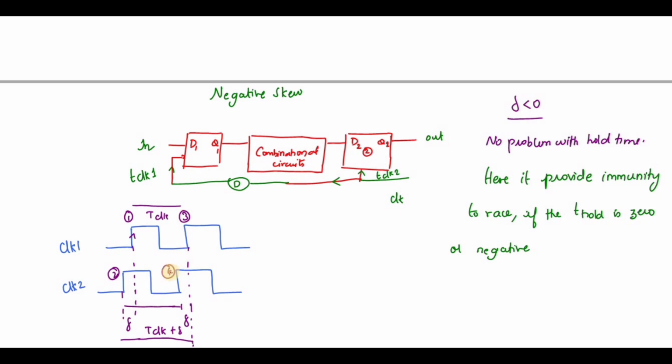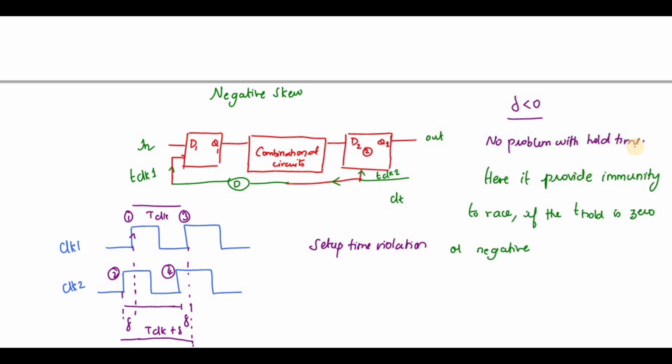So it has limited time for the data D1 to be processed by this register and the combinational circuit. Therefore it will cause a setup time violation. This negative skew causes setup time violation, and there is no problem with the hold time violation.